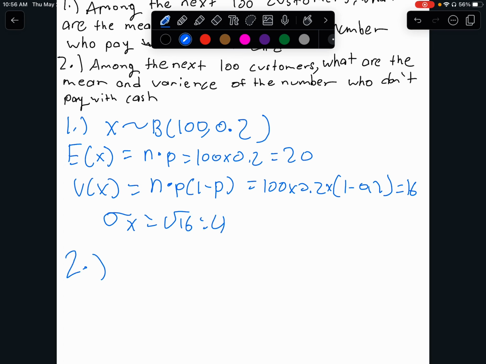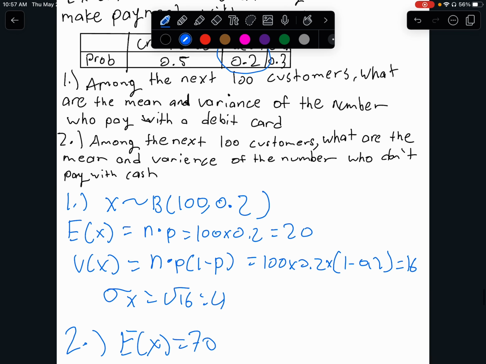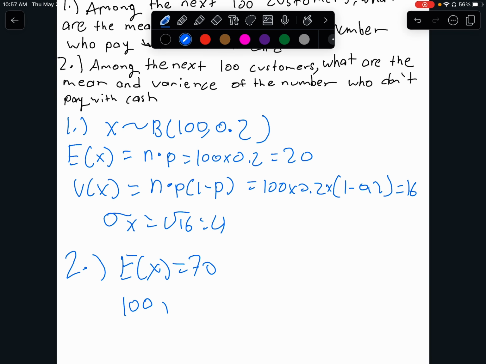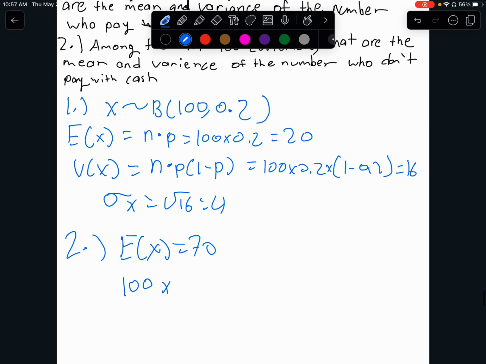Pretty simple. In our second one, we do the same thing, but now we have the next 100 customers. What is the mean and variance for those that don't pay with cash? We use the same formula. E(X) equals 70, and we get that by 100 multiplied by 0.7.